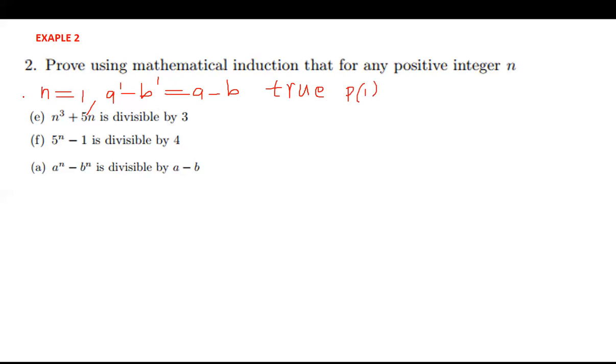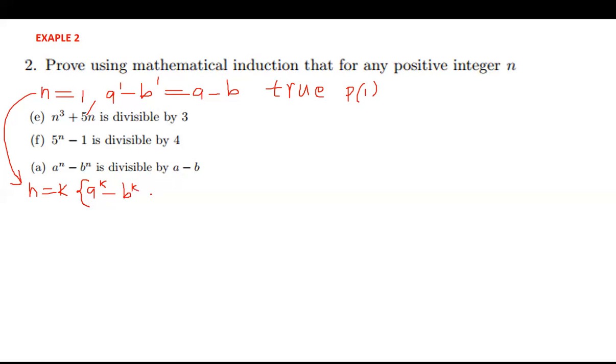If it is true for p of 1, we quickly move on to the next step. The next step, we have n being equal to k, meaning where there is n, we put k. So we have our expression, which is a raised to power k minus b raised to power k.